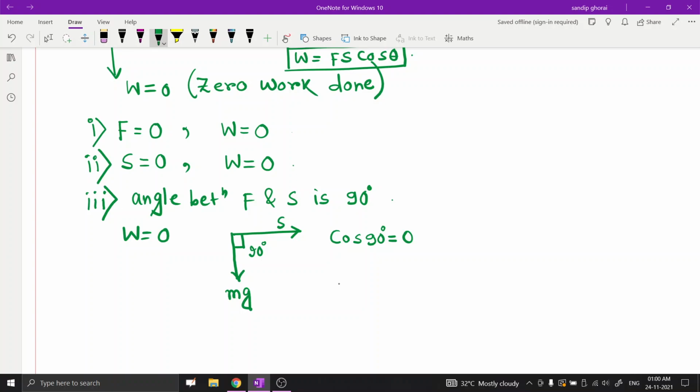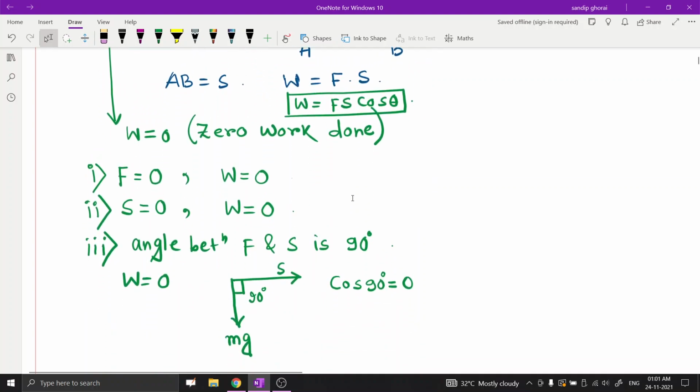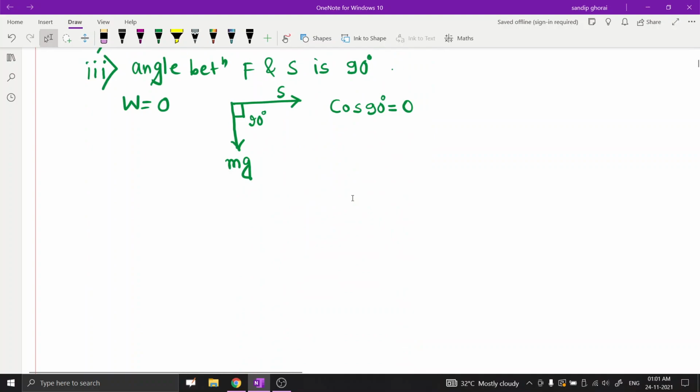So we can say no work is done by the Earth during its rotation. Work is a scalar quantity.